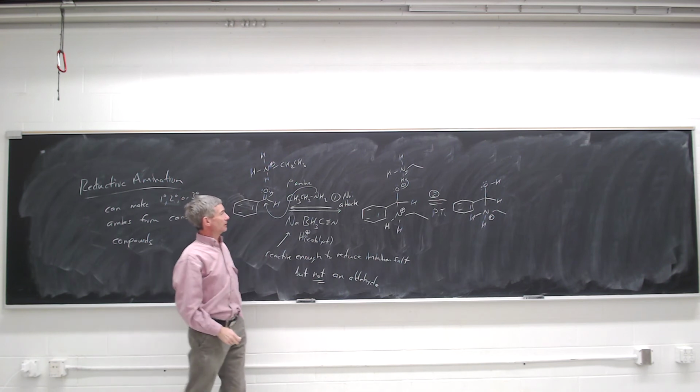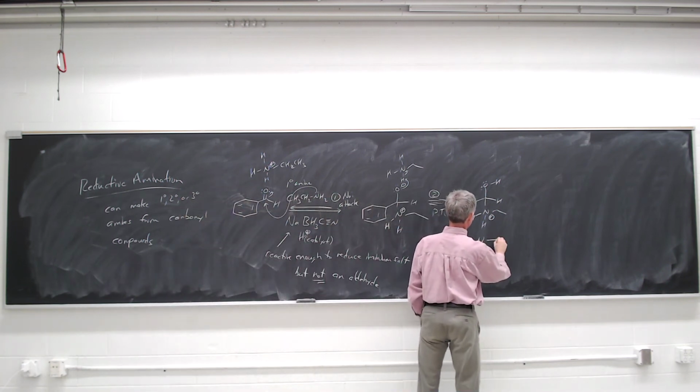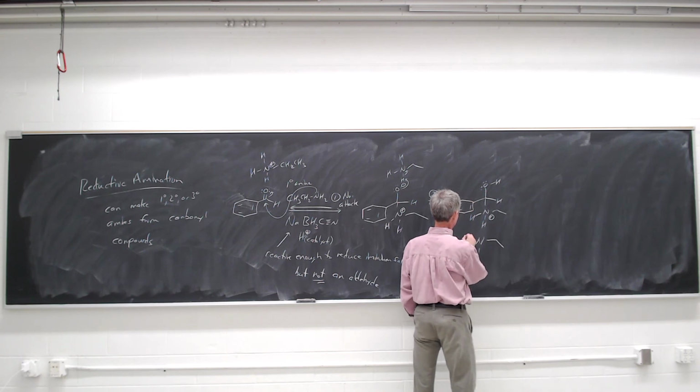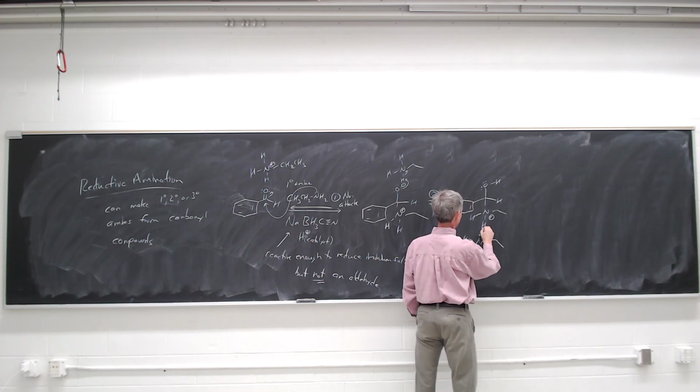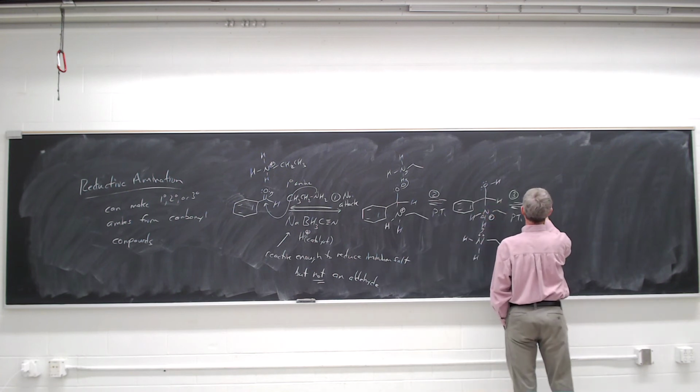First, we put a proton on the oxygen, then remove it from nitrogen to generate the anion.